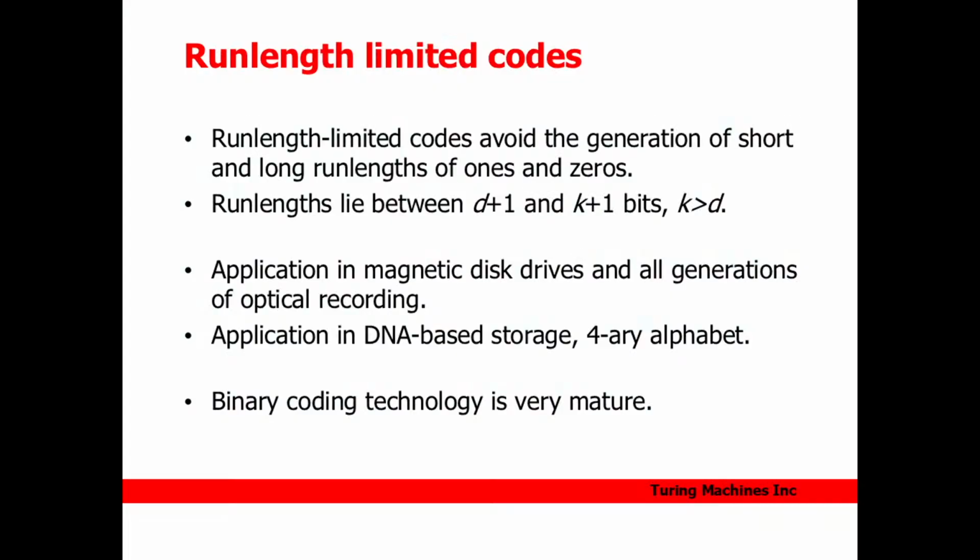Now we have to become more academic and explain what the run length limited codes are. There are codes, not like the Manchester Code, but other codes that guarantee that there is a minimum run length and a maximum run length. We can explain the maximum run length because you want to limit the distance between the transitions of a binary signal.